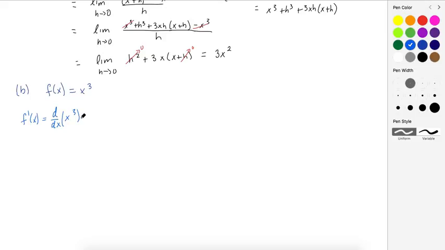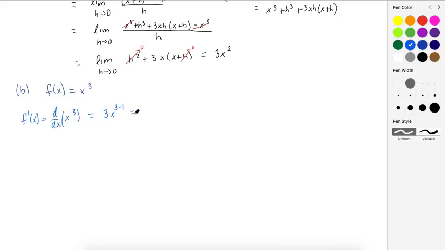And as you will practice and learn throughout the rest of this course, to find the derivative of a function, you take the exponent, you bring it down to the front, and then you subtract 1 from the original exponent.